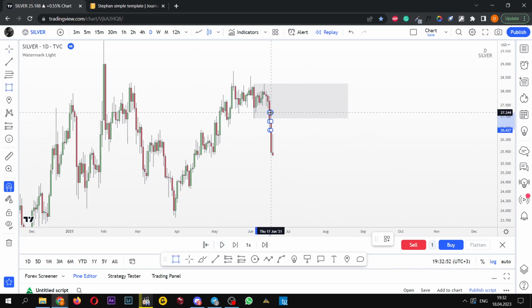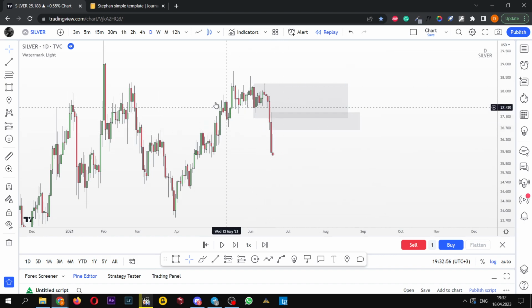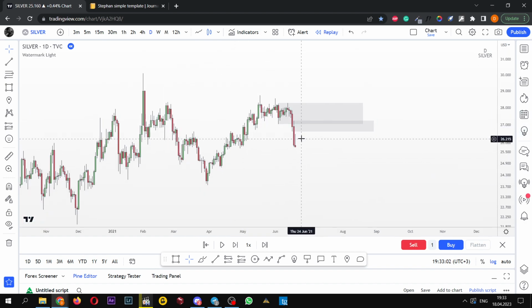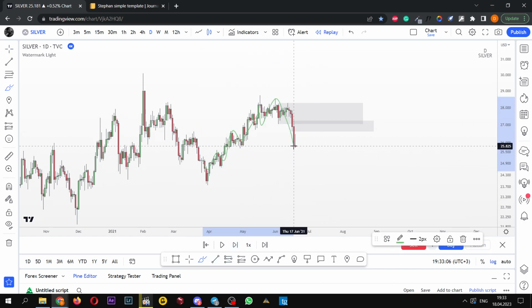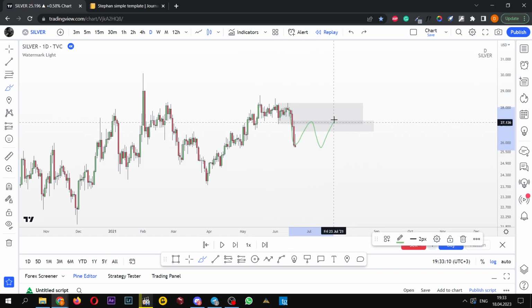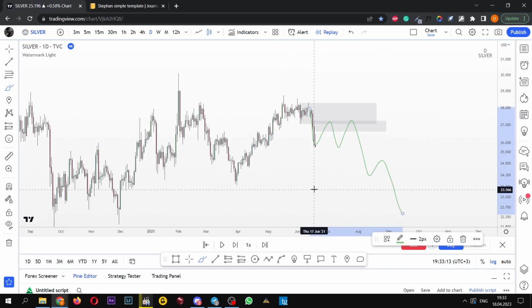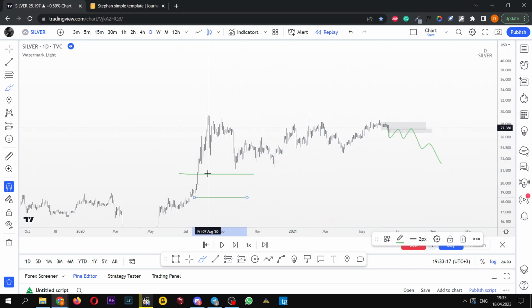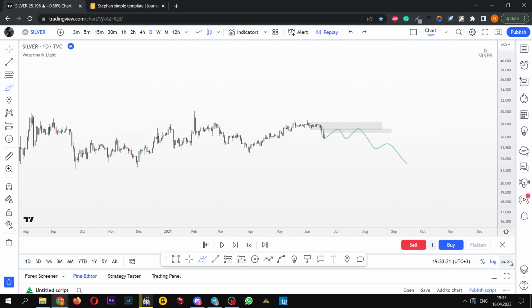So on a fractal basis, we can say that this zone mitigated this bigger zone, and then we can consider this as a reaccumulation before moving higher, or we can say that this could be a start of a deeper move to mitigate these zones that we discussed previously, because we have these unmitigated zones from monthly.